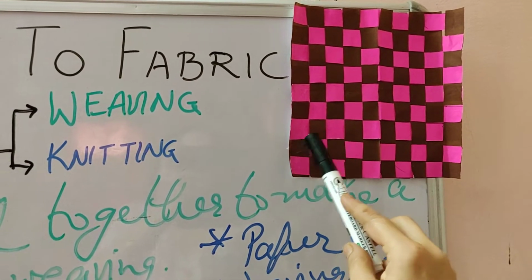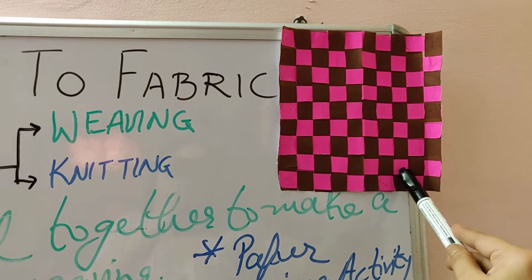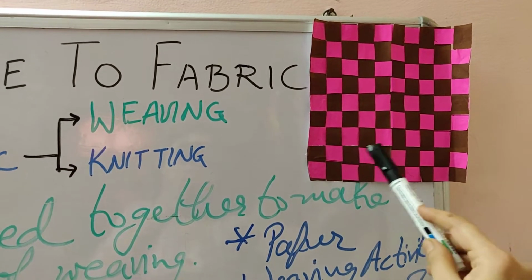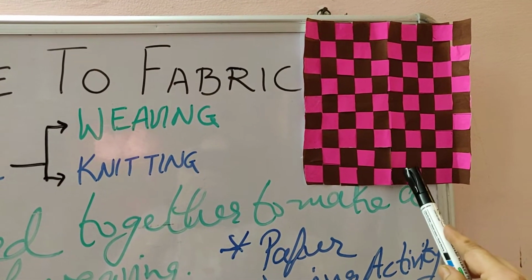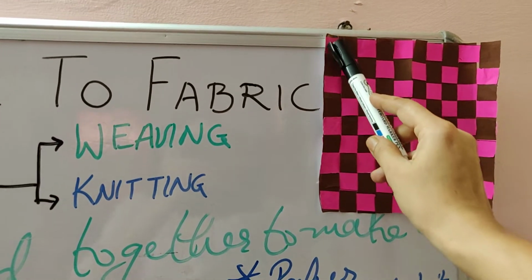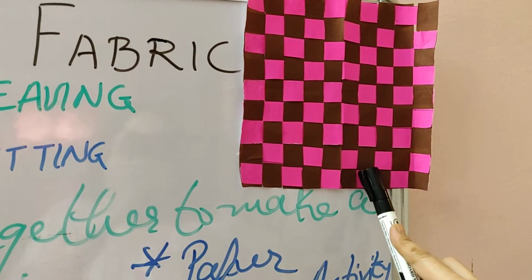So here, as two different paper strips were taken, in the same way different yarns are taken and woven together to make the fabric. Two different yarns are arranged together.